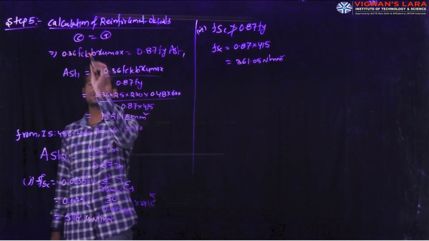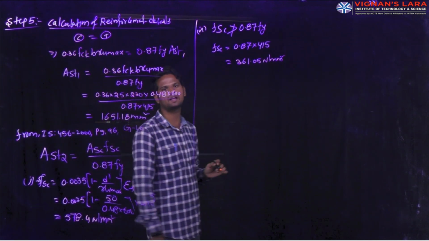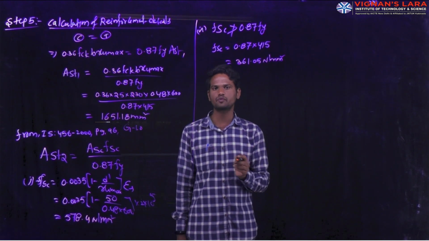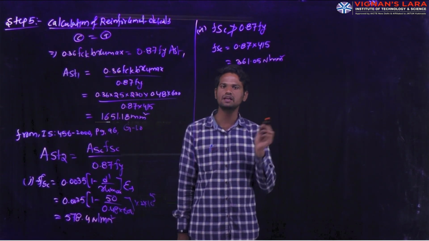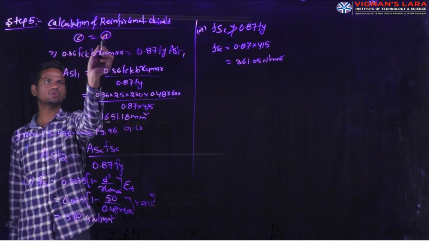Here, first we take it from the limiting moment. Later we calculate the additional steel reinforcement for the additional moment. That is nothing but total compressive force equal to total tensile force.